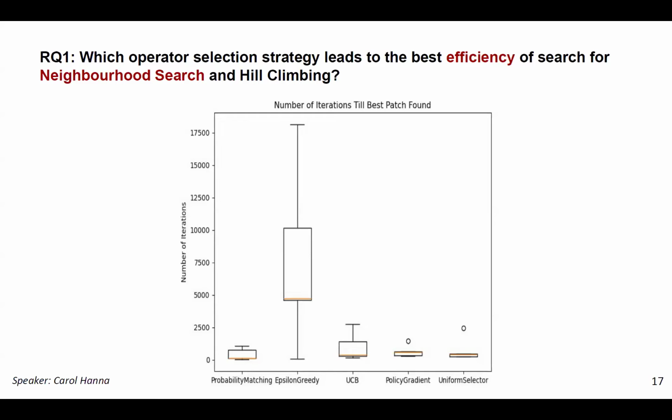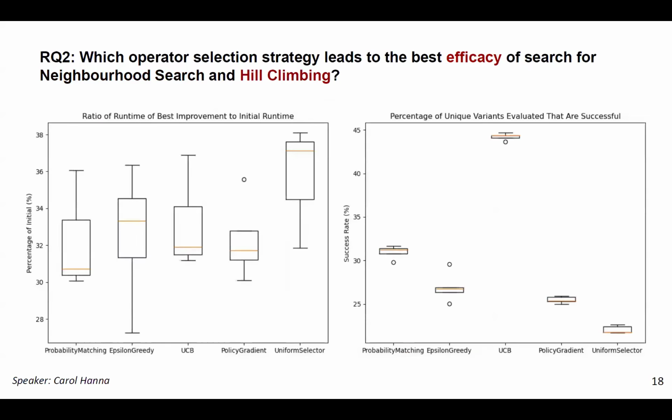With epsilon greedy, since it's choosing the same operator over and over again, in this case it was break deletion, there's probably not a lot of breaks to delete within Minisat. So at a certain point, you're just using the cached fitness and we're able to explore a lot more variants in a shorter time budget. And that's why we see the number of iterations be much higher.